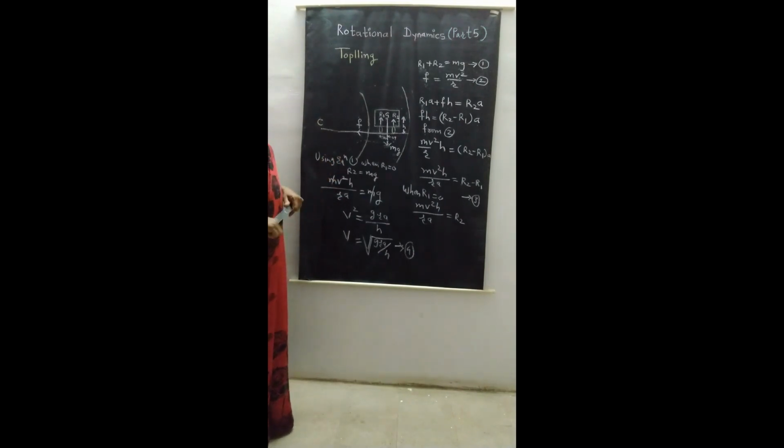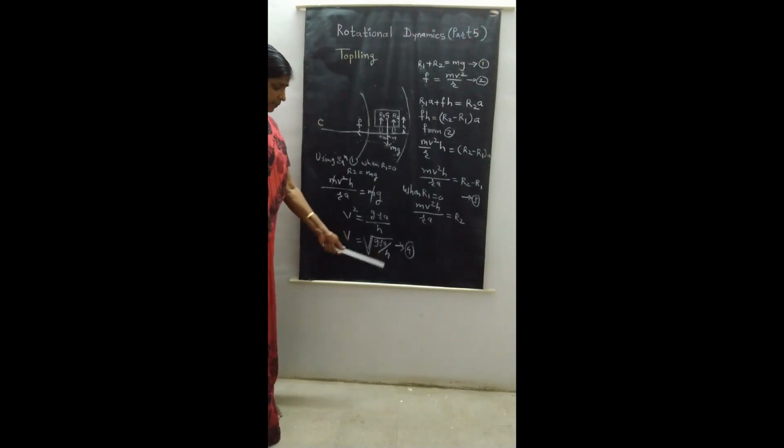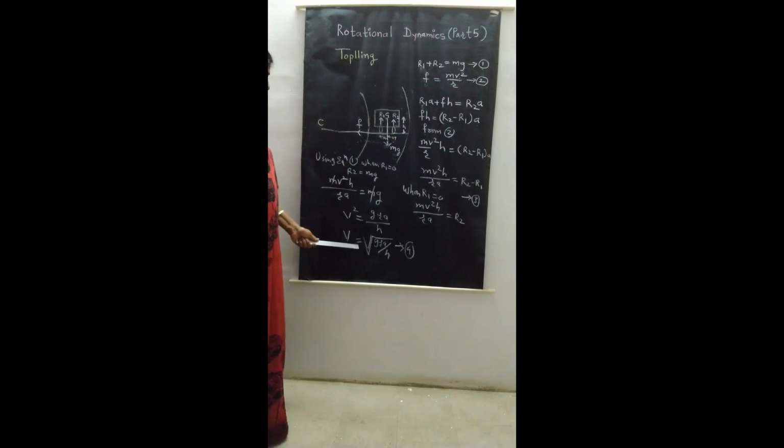So in order to have the condition not to topple, the speed must be less than under root of gRa upon h, or at the most it should be equal to under root of gRa upon h.